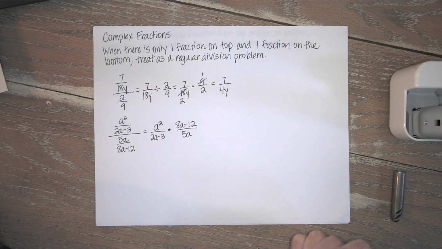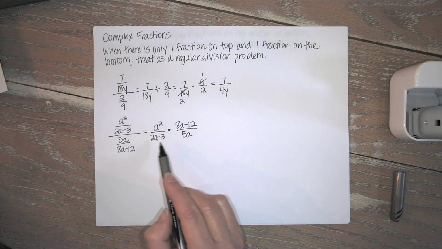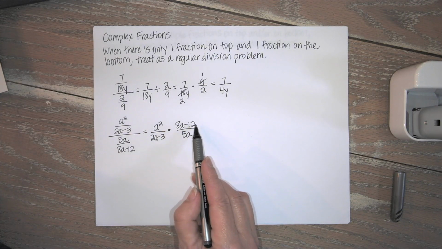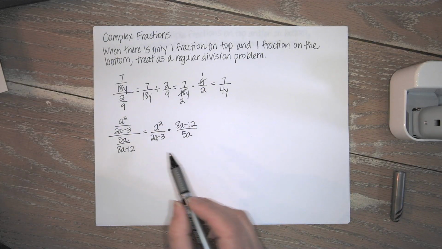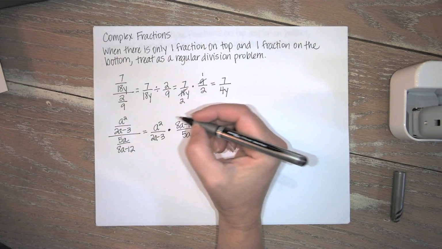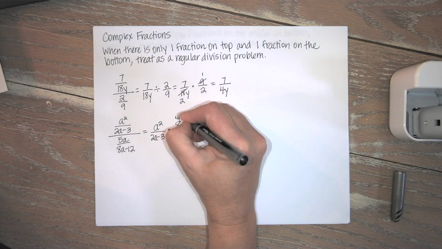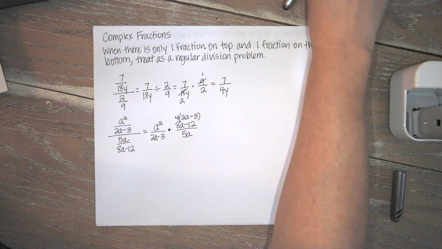Now at this point, we would want to see if we can simplify anything, and when we have binomials or larger, the only way to simplify those is if you can factor them, and if we have identical binomials on the top and the bottom. 2a minus 3 will not factor, but 8a minus 12, we can take out a 4, which is going to leave 2a minus 3.